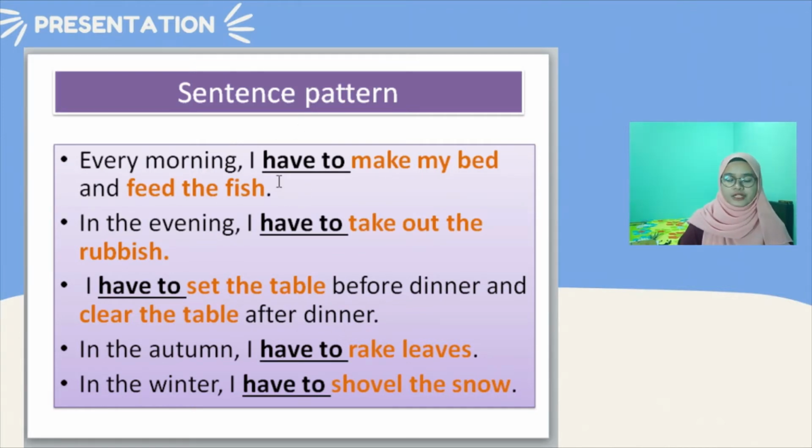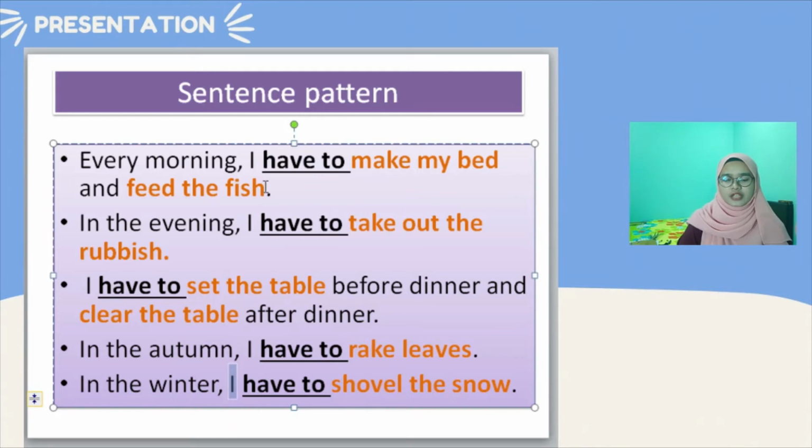First, you can see that there is I here. In the second sentence, we also have I. We also have I in the third sentence, in the fourth sentence, and in the fifth sentence. So I here represents subject.